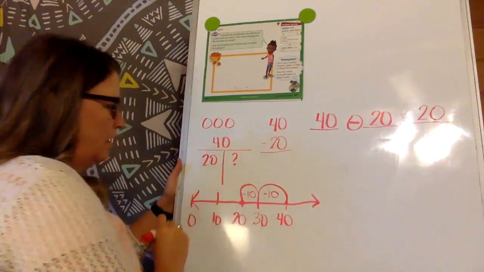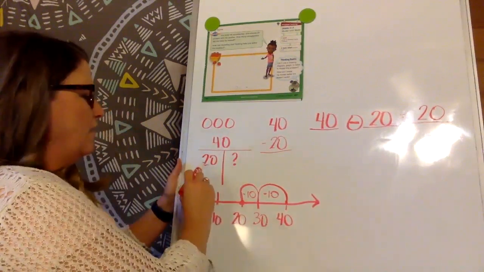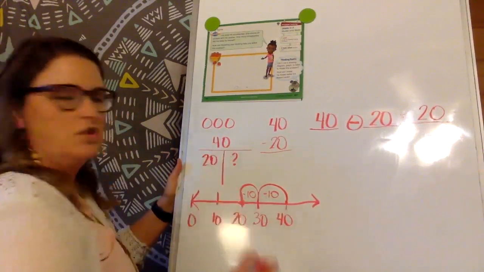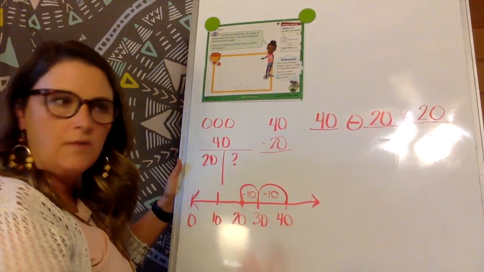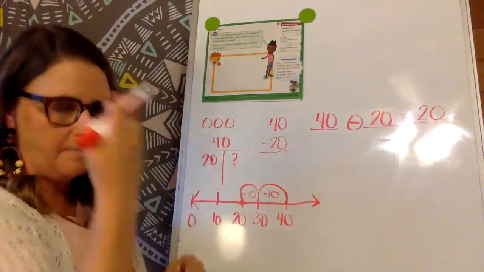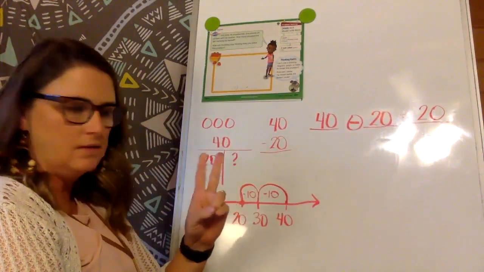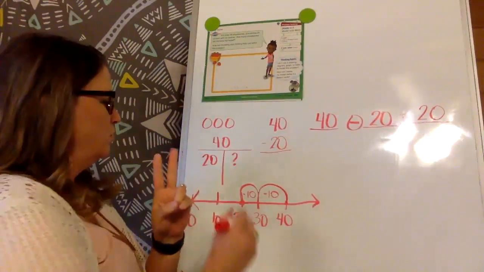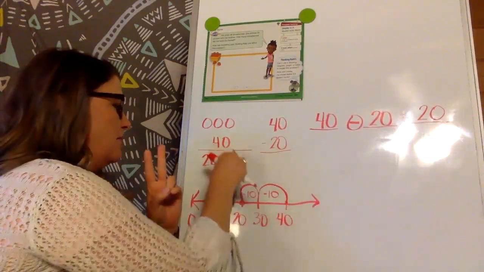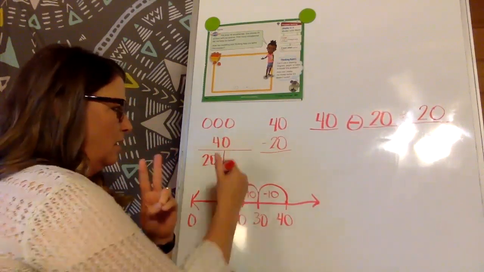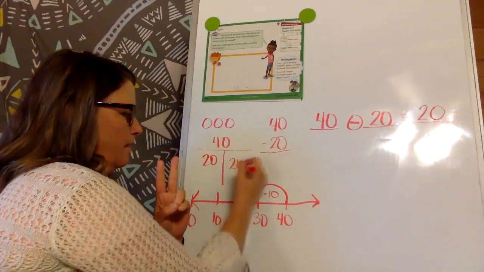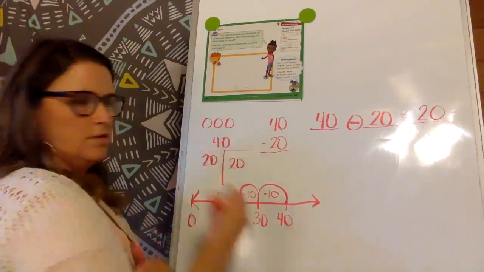So if my whole is 40 and I've got 20, how much do I have to count up to get to 40? Well, I can put 20 in my head and I can count on by 10. So 20, 30, 40. Okay, so it took me 2 tens to get to 20. So on my part whole map, I could have 20. So 20 and 20 equals 40.